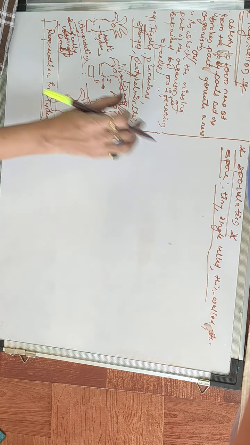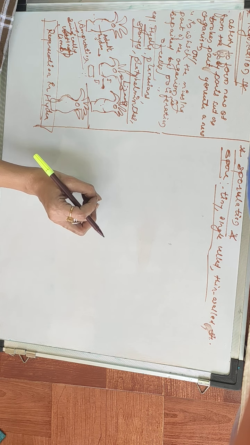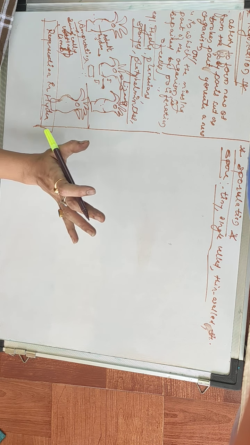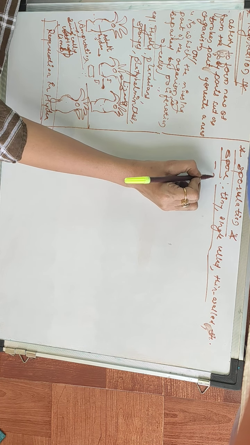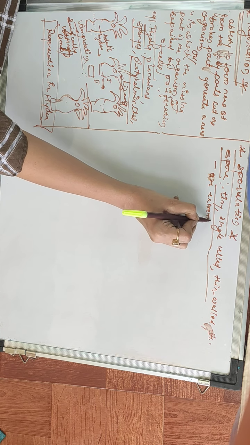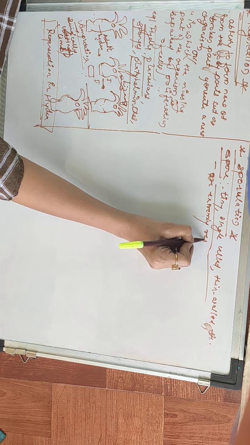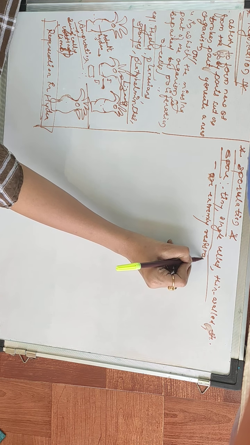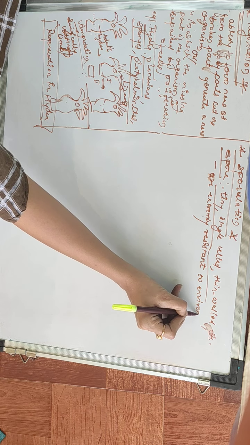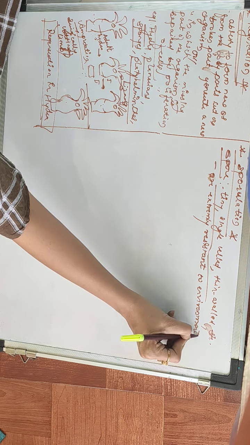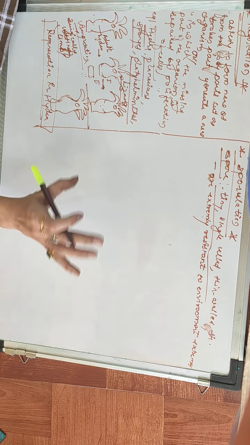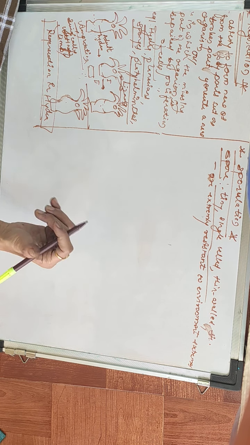What are spores? A tiny single-celled thin-walled structure that is extremely resistant to extreme environments. During unfavorable conditions, some organisms have the ability to produce spores.